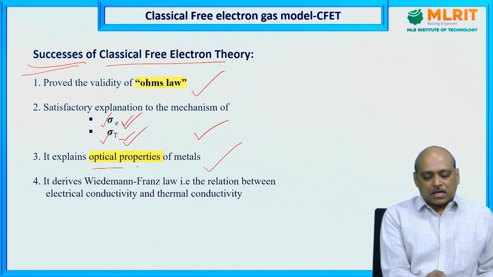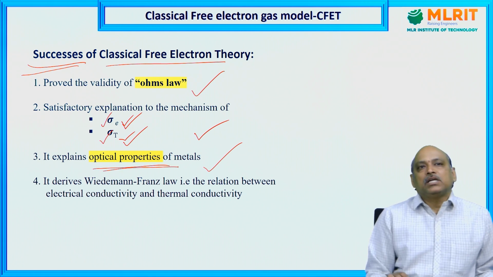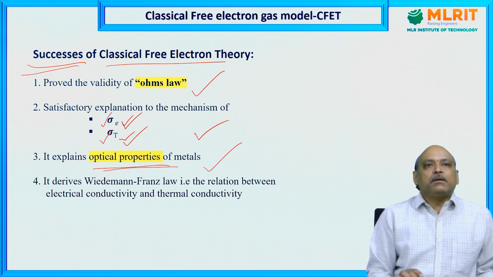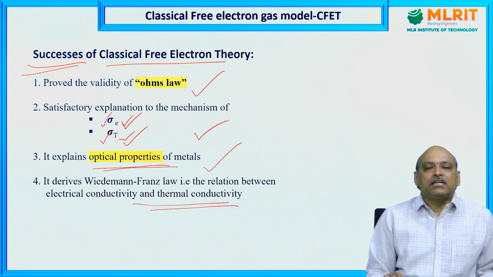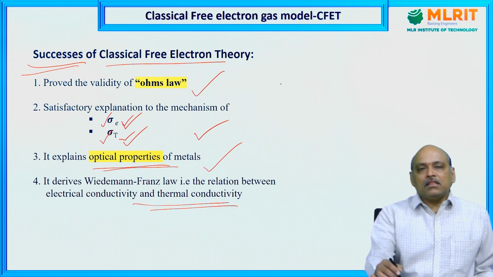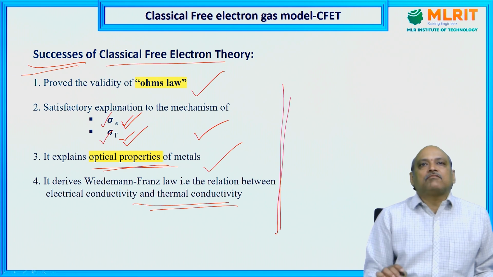And very important, the Wiedemann-Franz law, which is the relation between electrical conductivity and thermal conductivity, can also be derived by using this theory. All these are the successes of this theory.